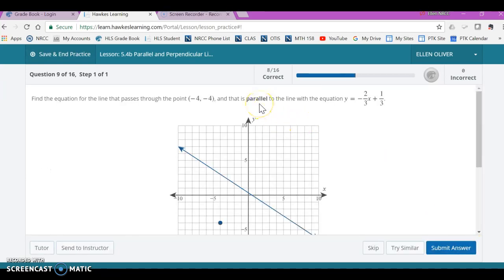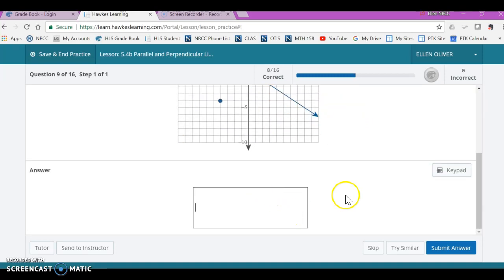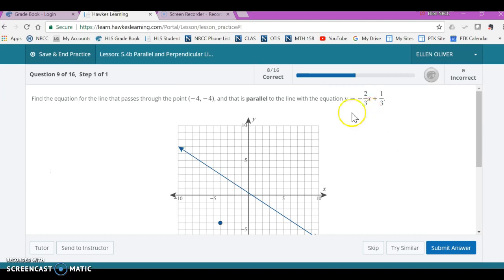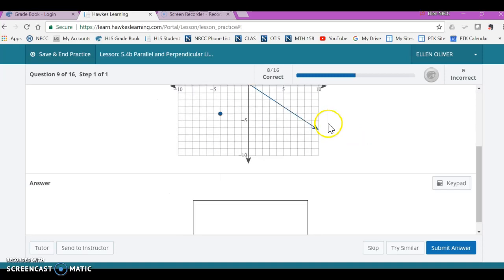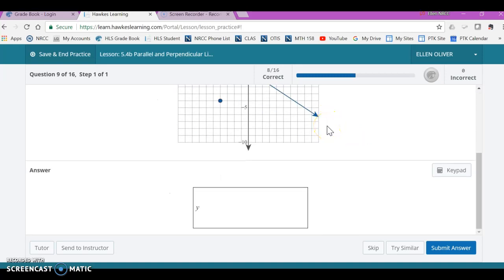All right, same thing here, only this is already given to you in y equals mx plus b form. So my m is negative 2/3. I want parallel, so this m is also going to be negative 2/3. But I'm going through a point here, and it doesn't tell me how I have to write that equation, so I'm going to write it in point slope form. So I'm going to have y minus negative 4, or y plus 4.